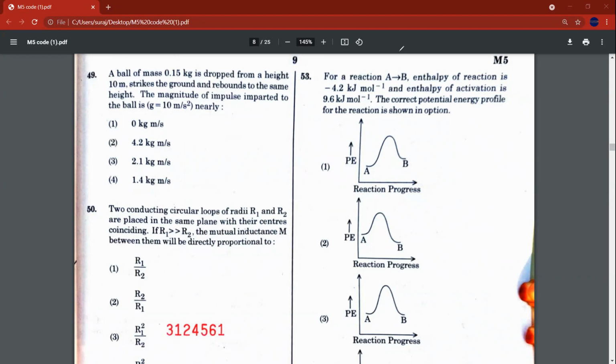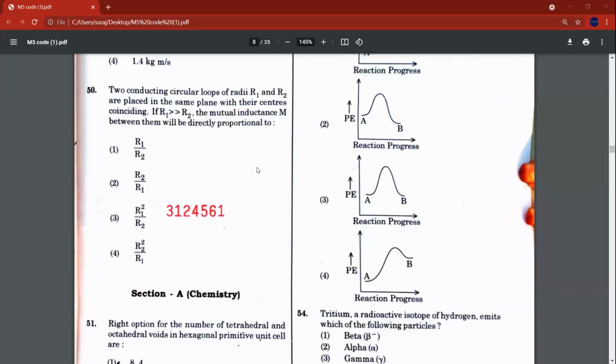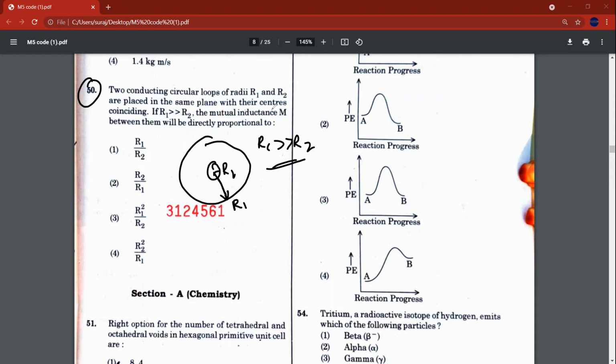Now question 50. Again, it's an important question. A connecting circular loop. This is R1 and this one is R2. Given R1 is far greater than R2, the mutual inductance M between them. So I can say flux is directly equal to M into I1. Flux is what?